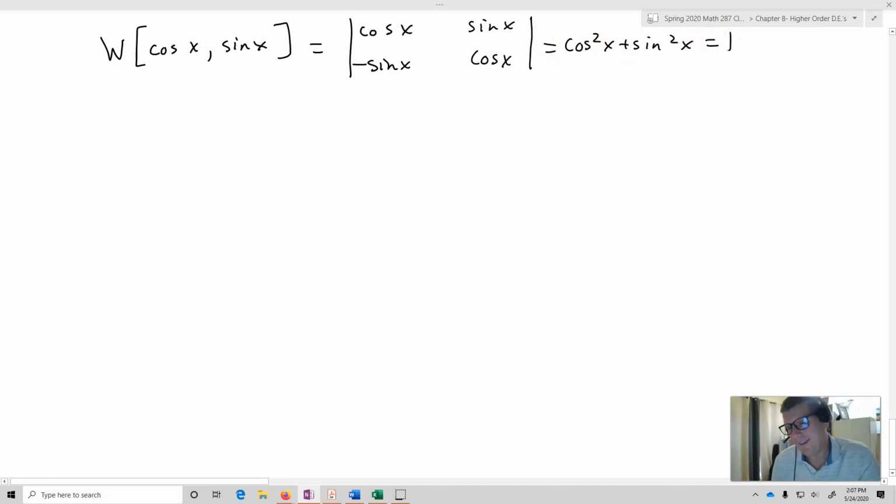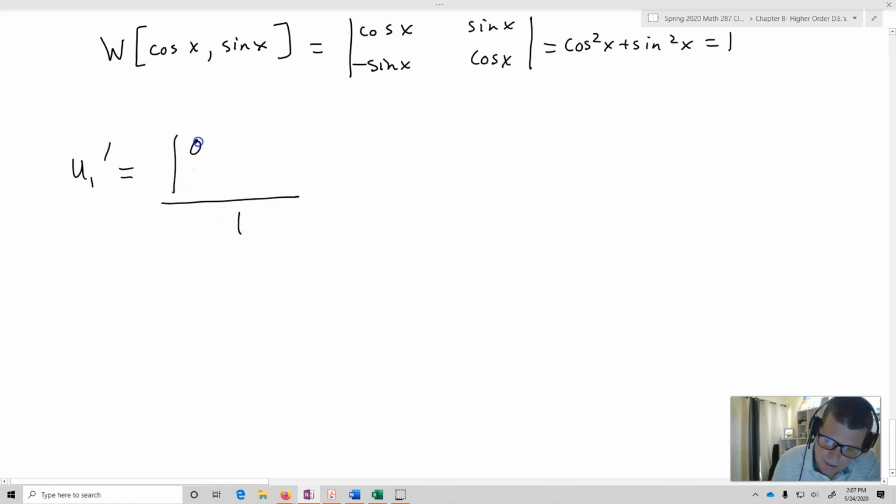Great. How tidy. Okay, so then we know that u1 prime is just going to equal, because we're going to divide through by 1, the determinant of 0, tan x, sine x, cosine x, which is just going to equal negative sine x tan x.